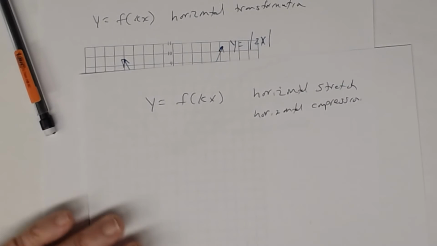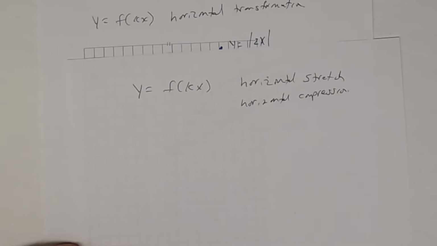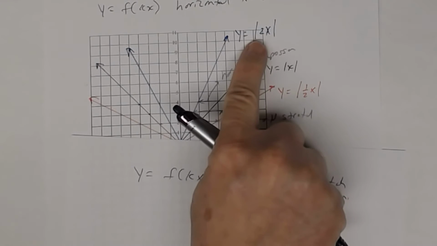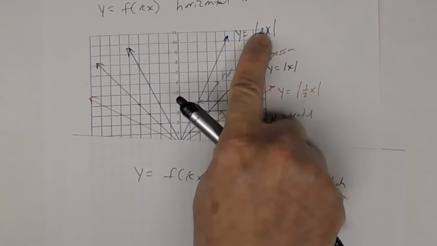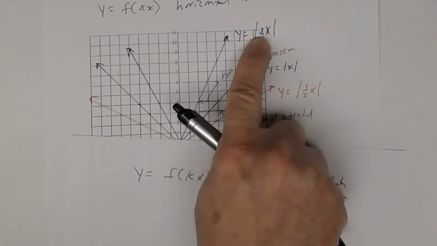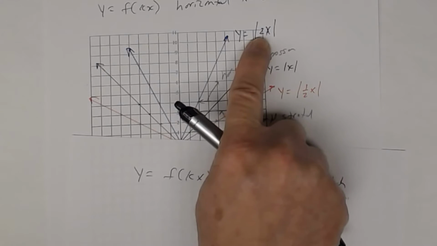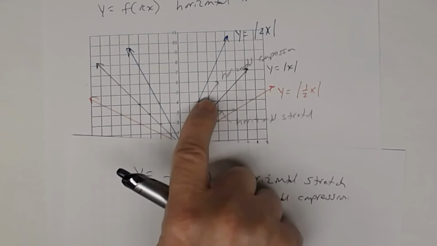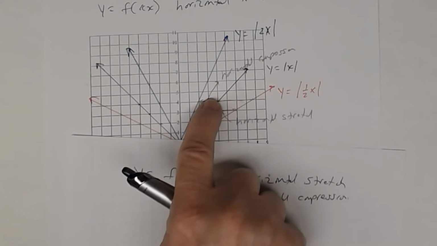We also know that if k is an improper fraction, a number greater than 1, then we have a horizontal compression.